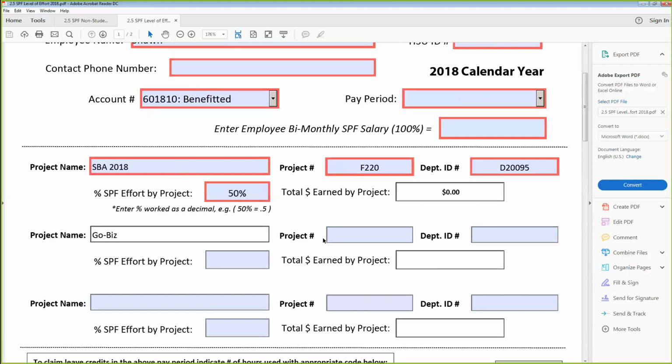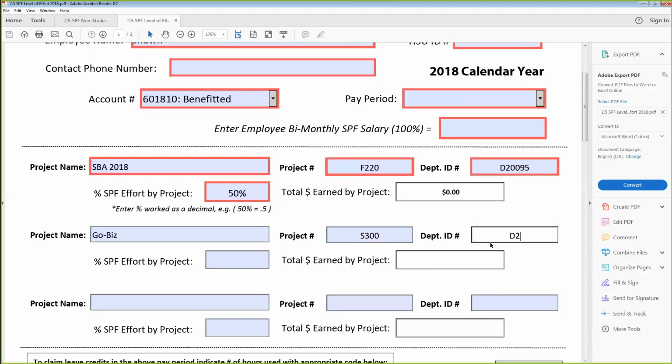GoBiz, and that's going to be an S grant number, which I'm just going to make something up, but it's a state grant, so it starts with an S for state or an F for federal.